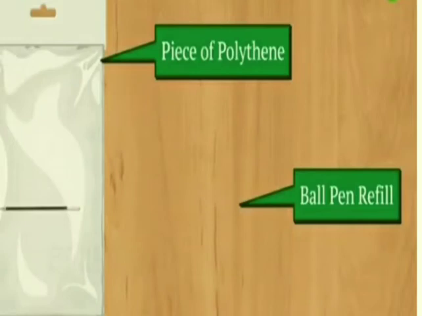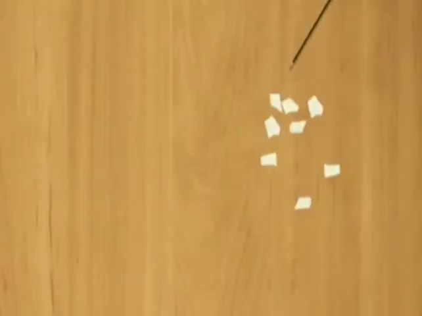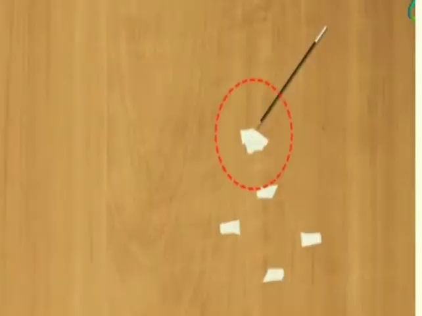Let us now understand some properties of electric charges with the help of an activity. Take a ball pen refill and rub it on a piece of polythene. Bring the refill close to the paper pieces. What do you observe? The pieces of paper are attracted to the refill.